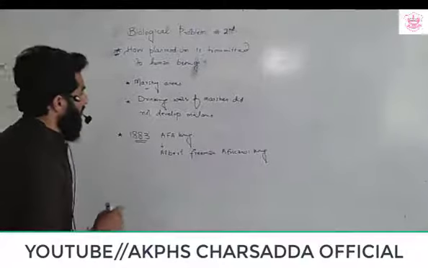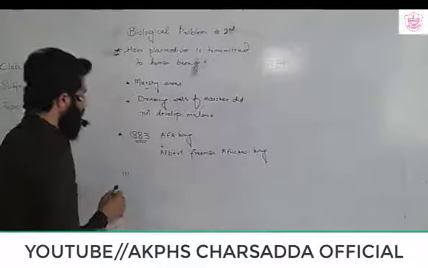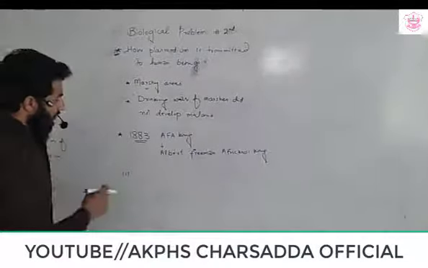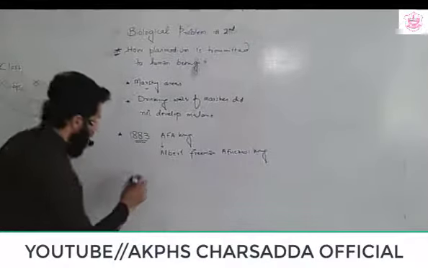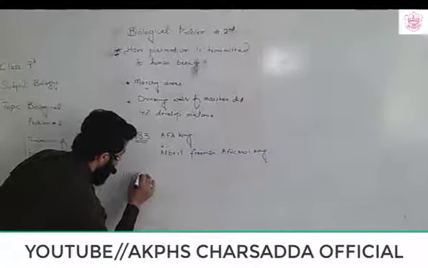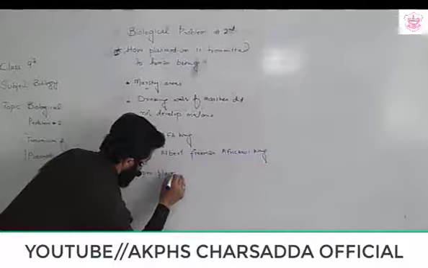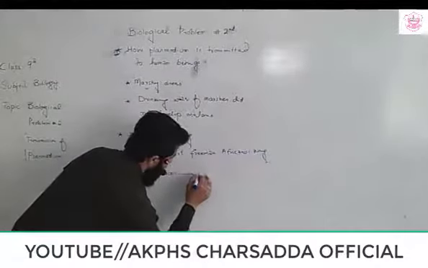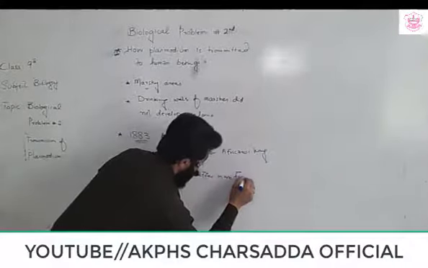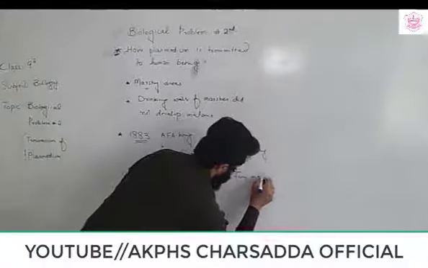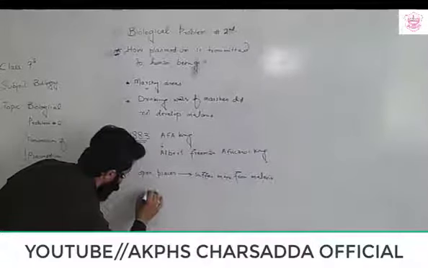Here we will discuss some important observations. The first one is, people who slept outdoor suffer more from malaria as compared to those who slept indoor. Means people who slept in open places suffer more from malaria as compared to those who slept indoor.